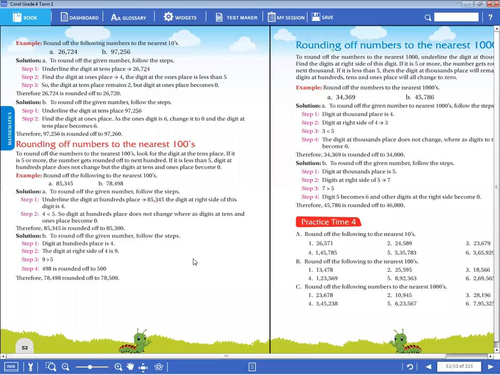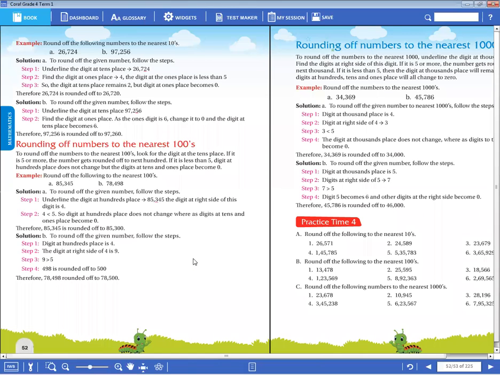Listen, everybody. First of all, everybody listen. So here, for example, 26,571 is there. In this number, if you are finding the nearest tens, you have to check the ones place. In the ones place, if it is less than 5, we have to take the same tens only.